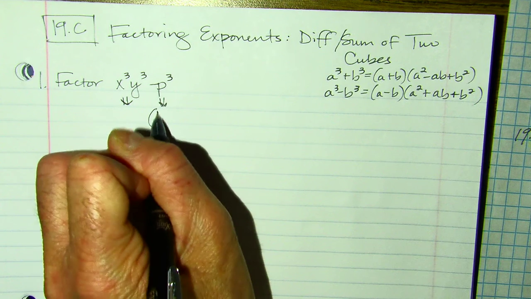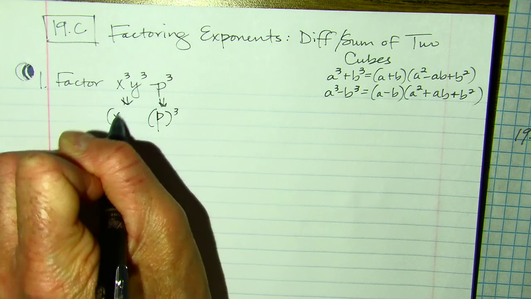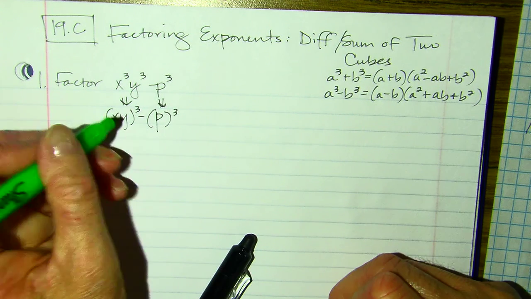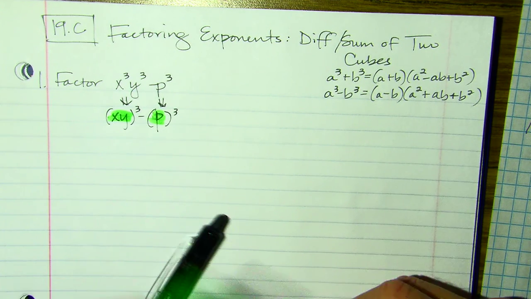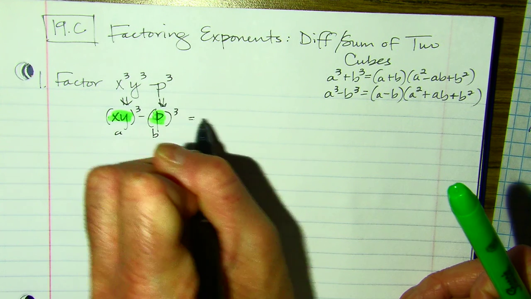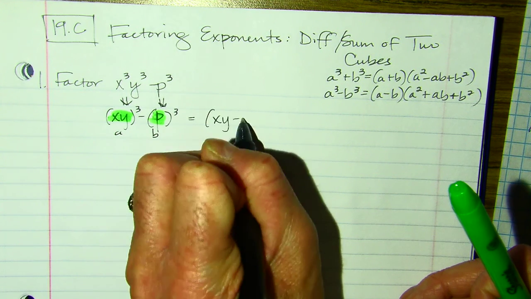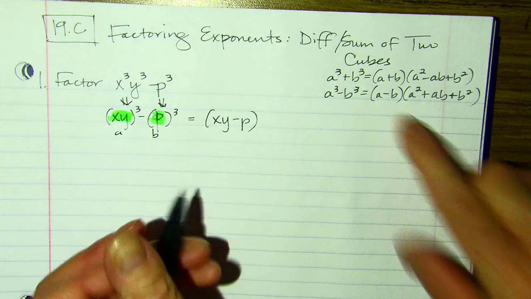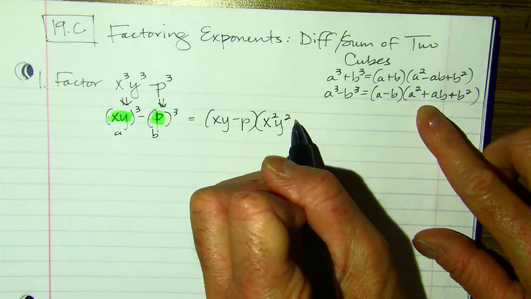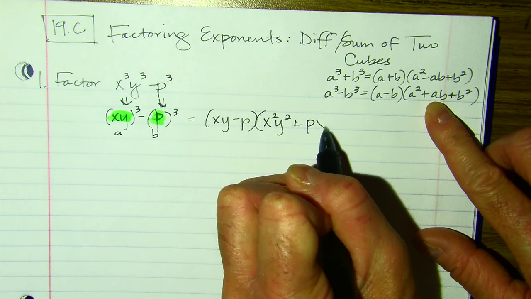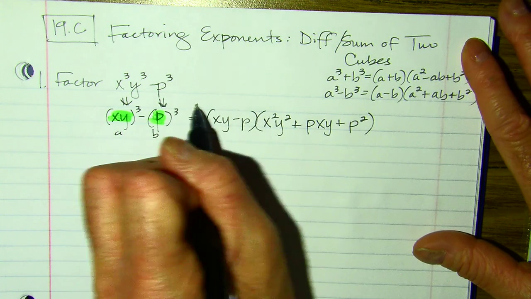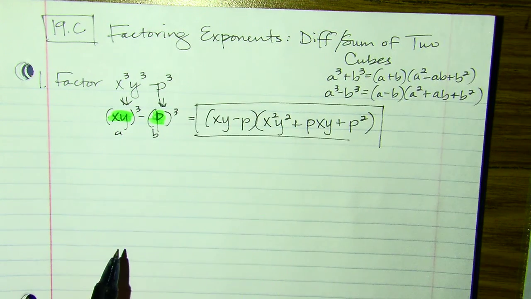This is p cubed, and this here is xy cubed. So I know that this inside here, that technically is a, and this is b. So my factors are xy minus p, according to this pattern, x squared y squared, I'm merely squaring them, plus, multiplied them all together, I put them in alphabetical order, plus p squared. And that is your answer.